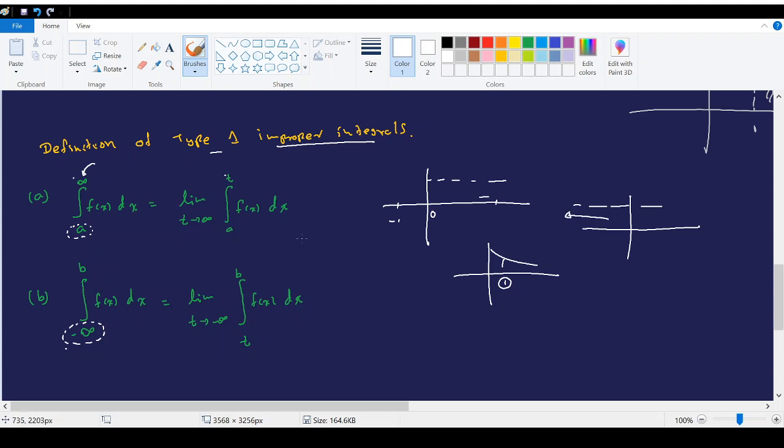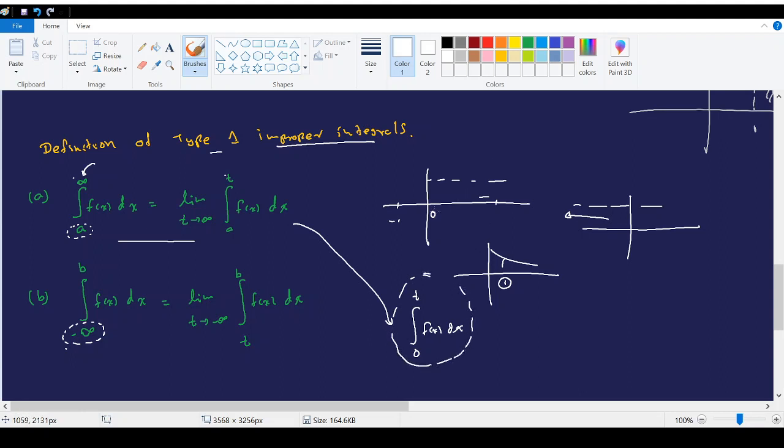But for both of these parts, there is one more thing that should be satisfied. Let's take the first part, that is the positive infinity case. When you are taking the positive infinity, the integral over a finite interval should always exist, right?